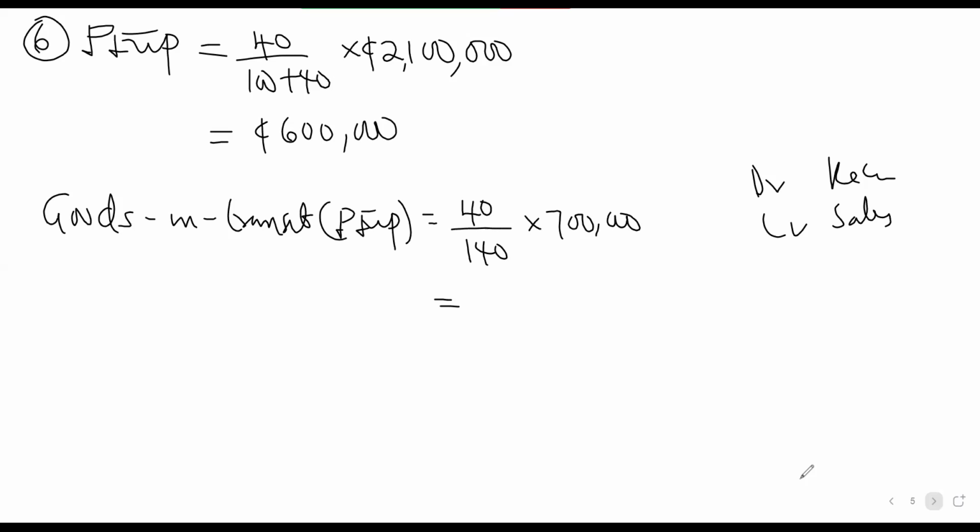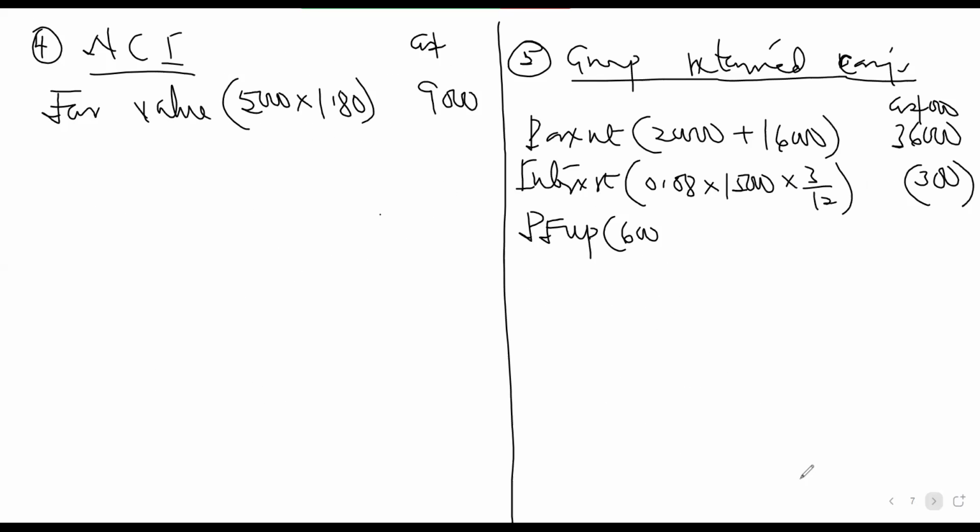What are you getting? 200,000. So the total unrealized profit will now be 800. Okay. Let's go to the question now.